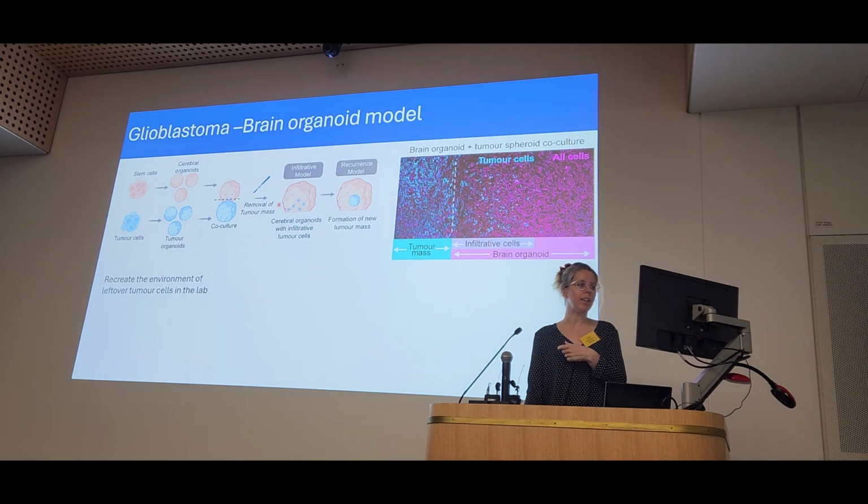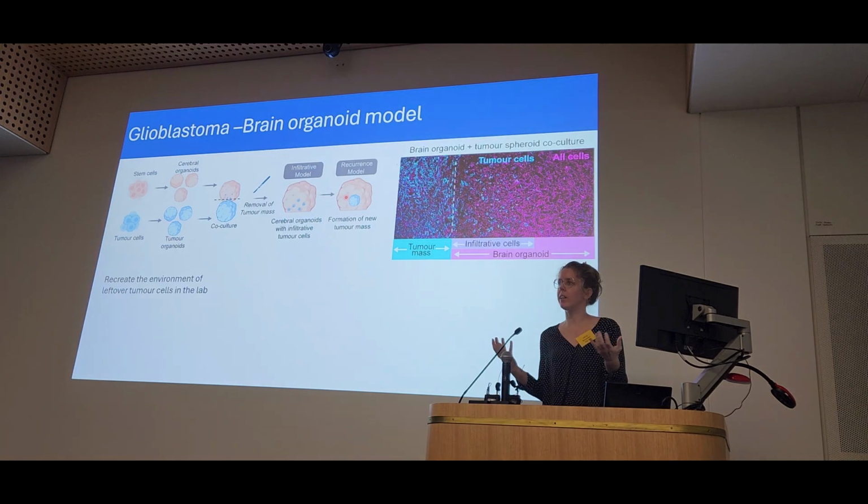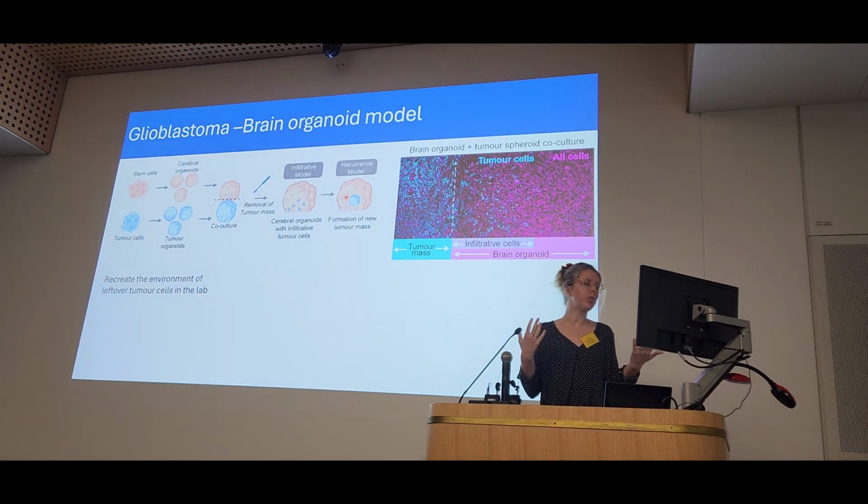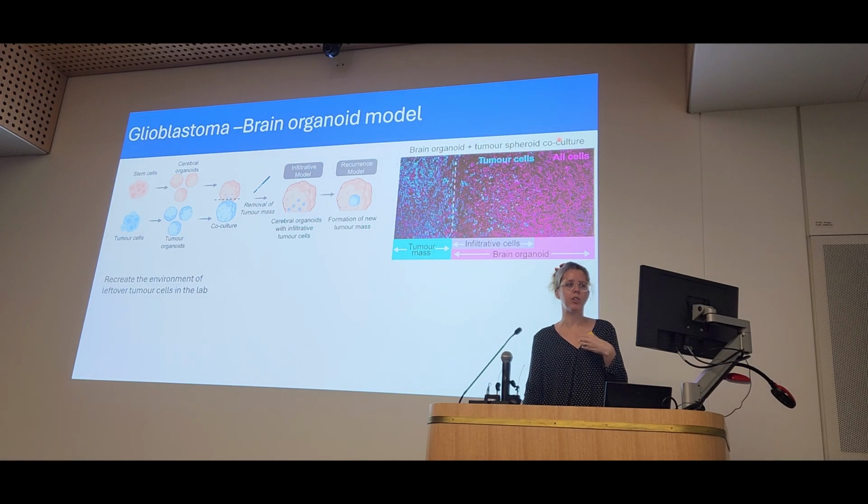And then we can look at these cells and see what they look like, how they respond to therapy, and how to target them. We can then cut off the tumor to imitate what happens with surgical resection, and then follow those cells as they go and create a new tumor, basically recreating the recurrence event. Here we see an example of the tumor mass and the infiltrating tumor cells into this brain organoid.